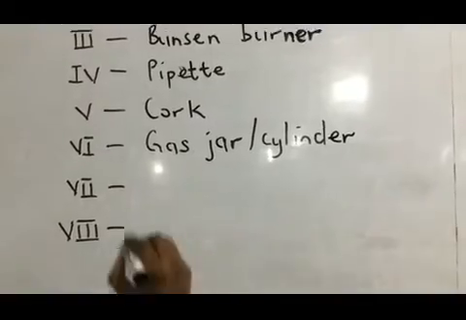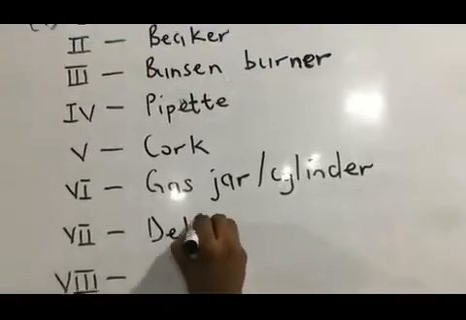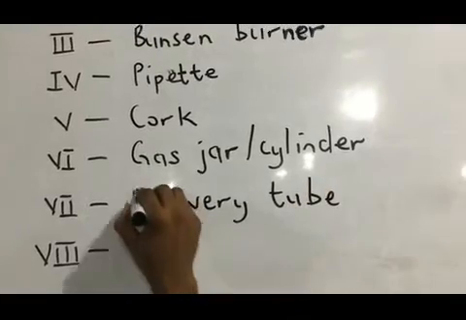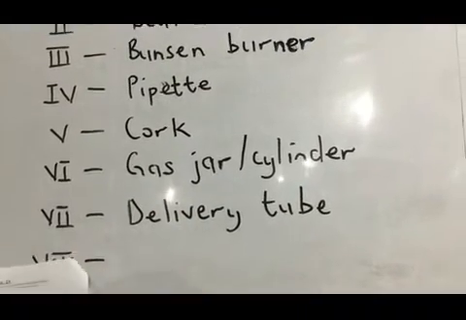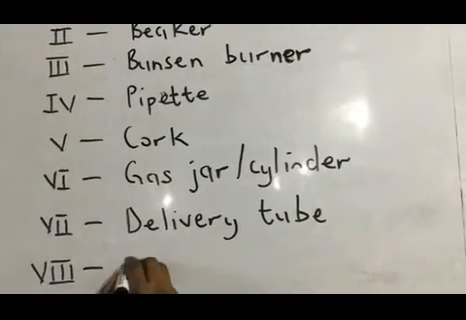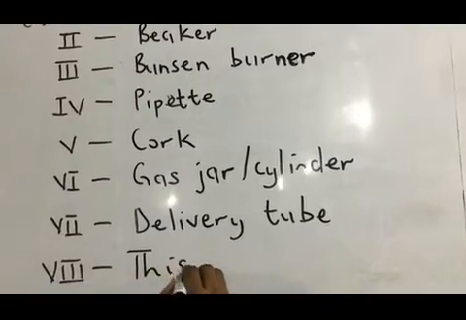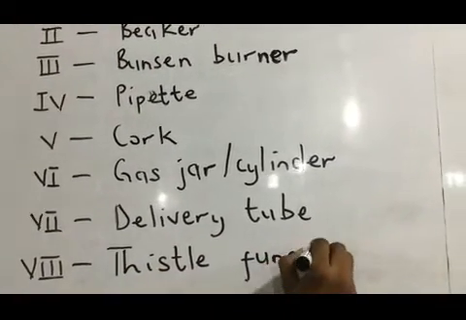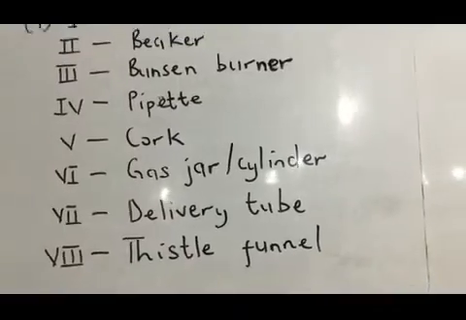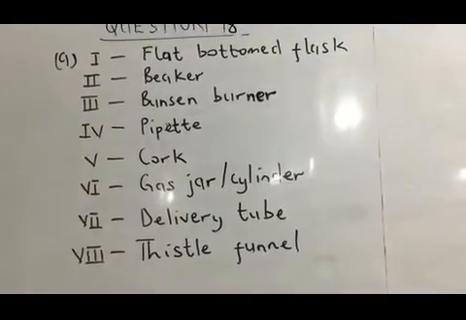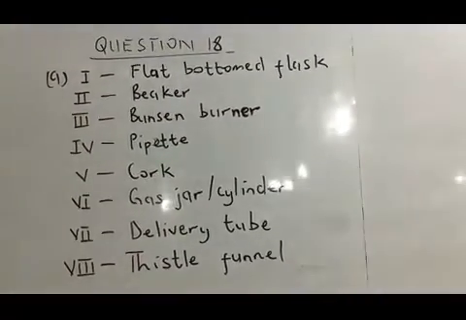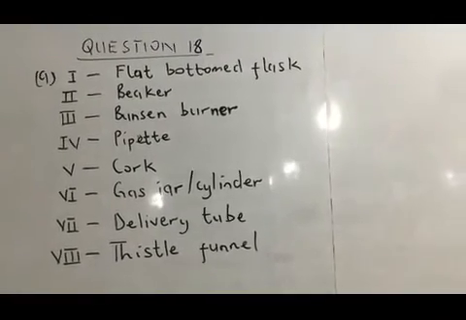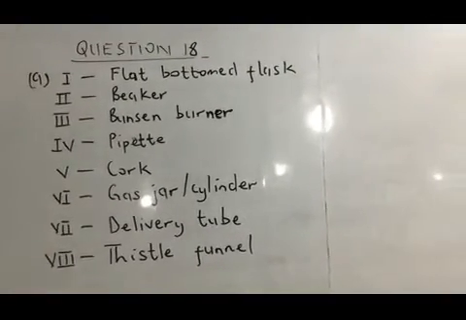And your VII is a delivery tube. And your VIII is a tester funnel. Take note of your spellings. Very, very key. Okay. So that is for the A, labeling of the parts.